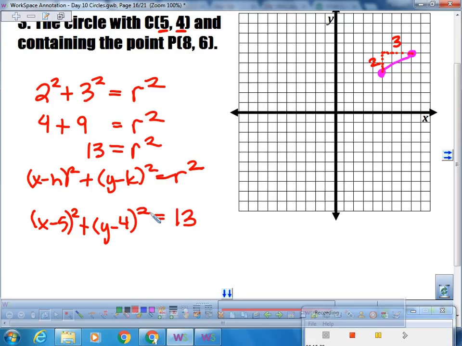Pretty easy. So you got to find the radius, and then you just have to substitute in the center. 13 is equal to r squared. You don't have to, unless you want to tell me exactly what the radius was. It's 3.6, but I would leave it in this form like this.